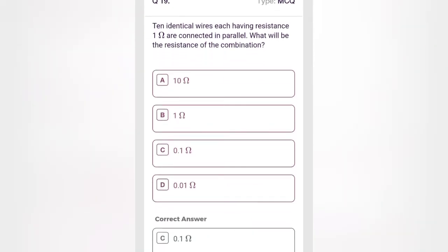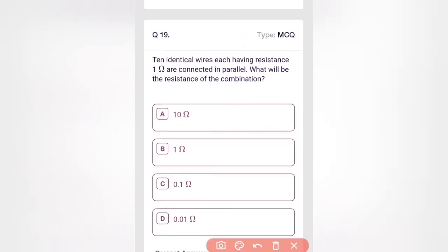10 identical wires, each having resistance 1 ohm, are connected in parallel. What will be the resistance of the combination? See, 10 resistances like this, we have to connect in parallel, and we need to find the total resistance.